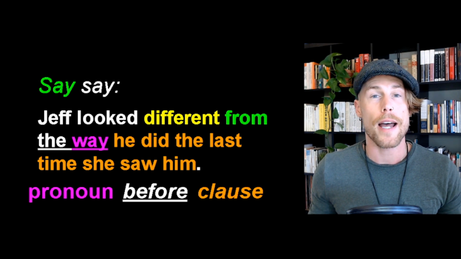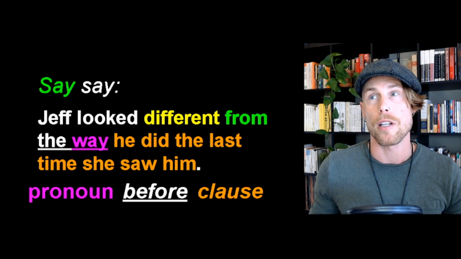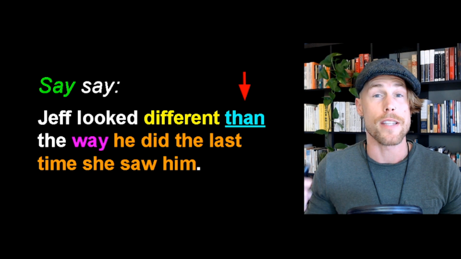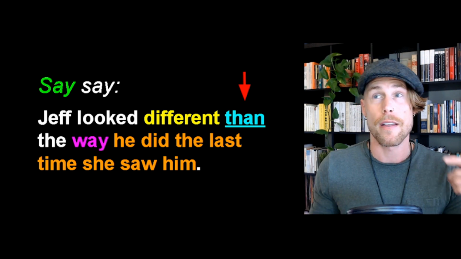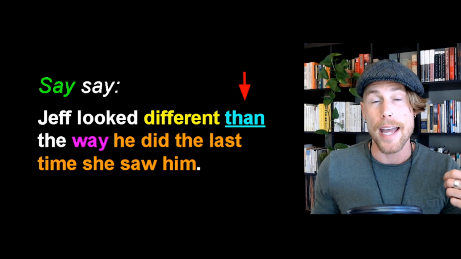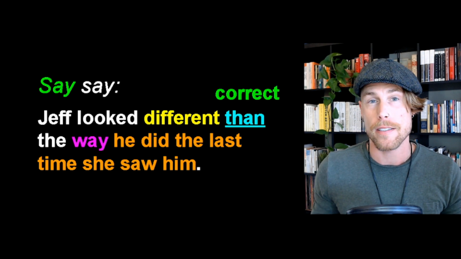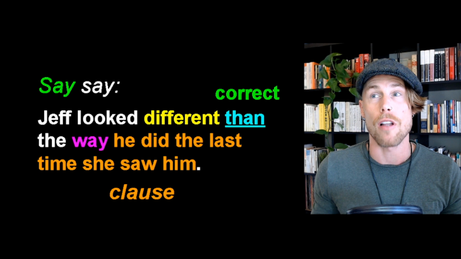So pronoun or noun before the clause, I can use from. And if I want to use than with the pronoun and the clause, this is also correct because there's the clause. Okay?